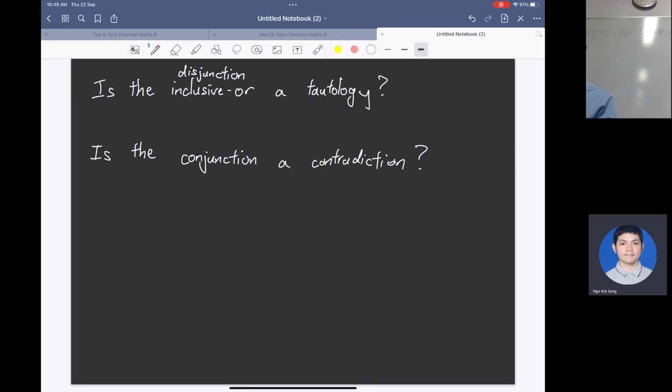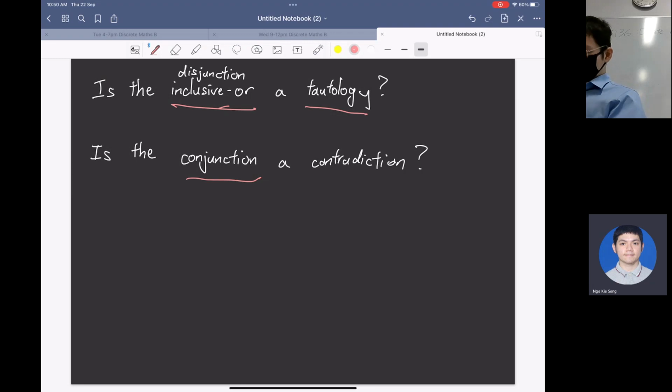Why is it good? First of all, if you want to ask whether something is a tautology or not, it has to be a proposition, but disjunction and conjunction are not propositions. They are logical operators that take in propositions and give you a proposition.